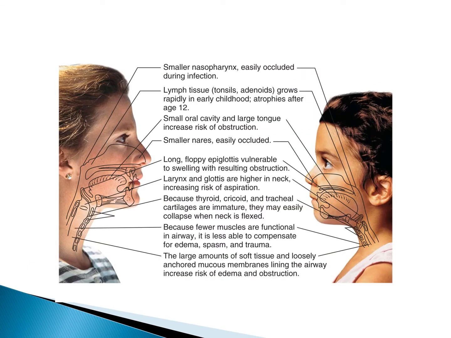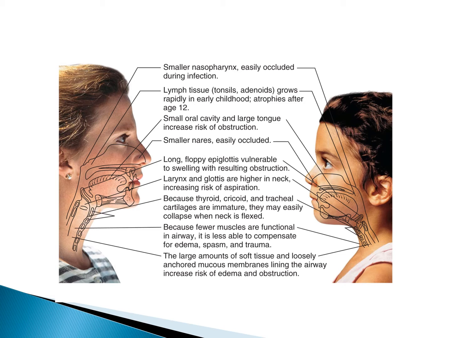So the next 4 slides are from those pages of your textbook where we look at those anatomical and physiological differences in children compared to adults. It's really about school age, age 6 or 7, that the pediatric airway matures to be more adult-like.